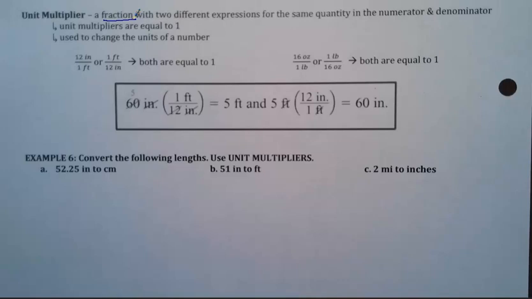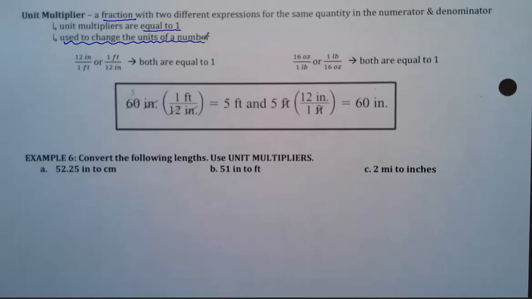So the unit multipliers are equal to 1 always, and they're used to change the units of a number. So if we want to change from miles to kilometers, or from Celsius to Fahrenheit, or from minutes to seconds, we're changing the unit.